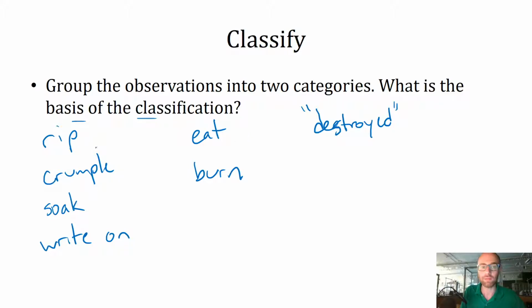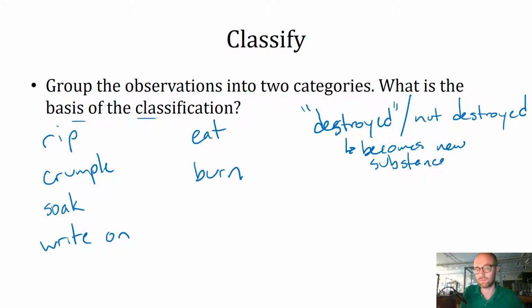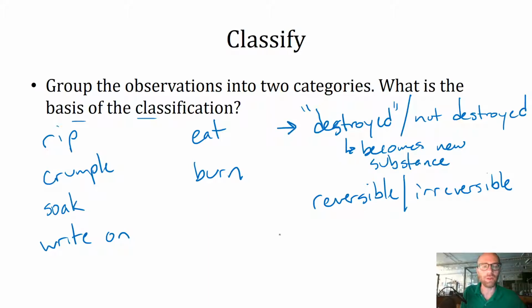Maybe the rip would count as a destroyed or not destroyed. Destroyed can mean something interesting. We're going to say destroyed maybe becomes a new substance. We have the ones that are reversible or irreversible. And I think for today, focusing on whether or not it becomes a new substance.